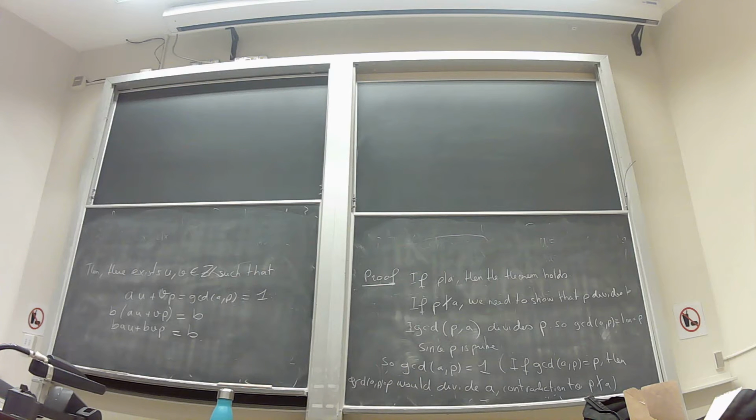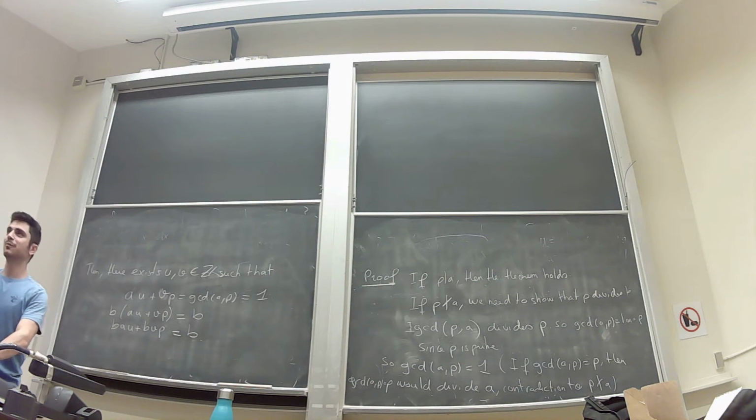Well, AU is an integer. Yeah, AU is an integer. So you have B times an integer plus, and B is also an integer. So you go to B times an integer plus B times an integer is equal to B, which means that the GCD of B and P is equal to B. No, this means that the GCD of B and P divides B, right?